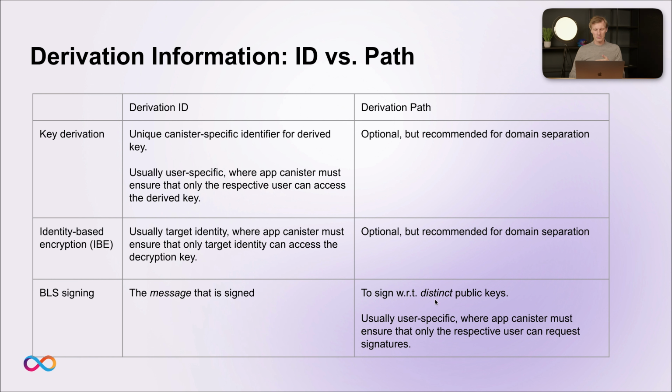And again, similar to the other two scenarios, in this case, the derivation path is usually user-specific, where the canister makes sure that only the respective user can request signatures for this particular derivation path, so that no one else but this user can create signatures in that name.